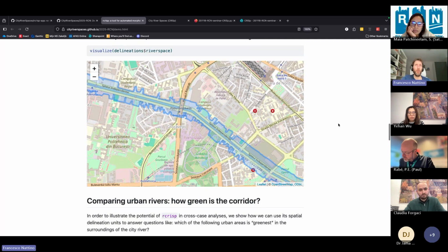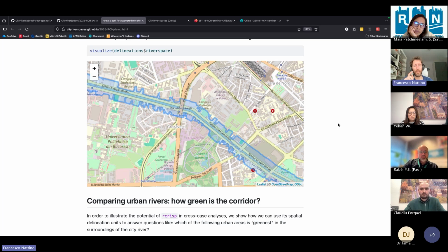Now, these units can be used for analysis within an analysis script, can also be exported and used in other software environments or in other contexts.